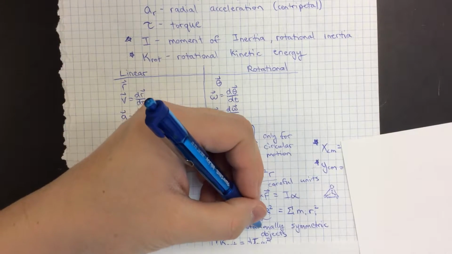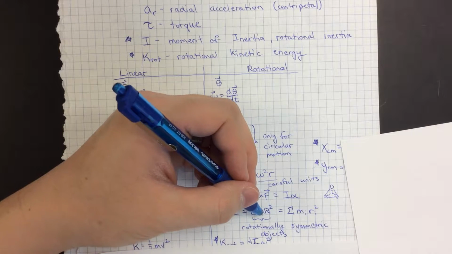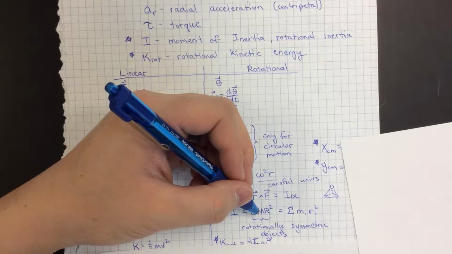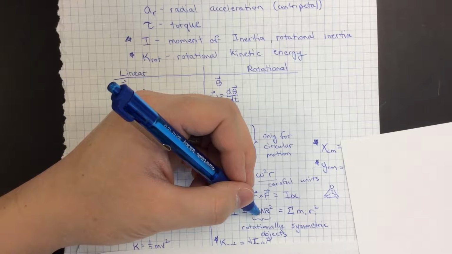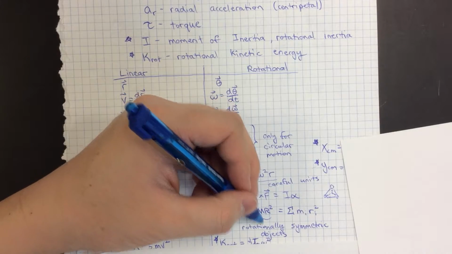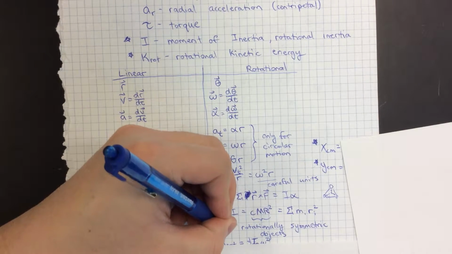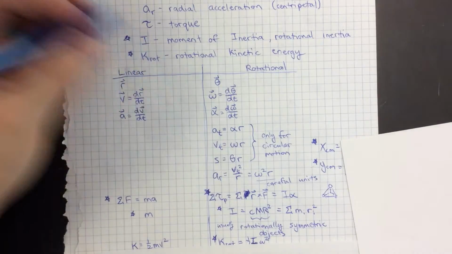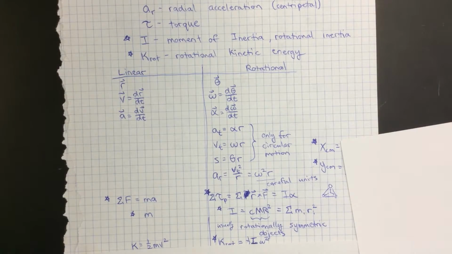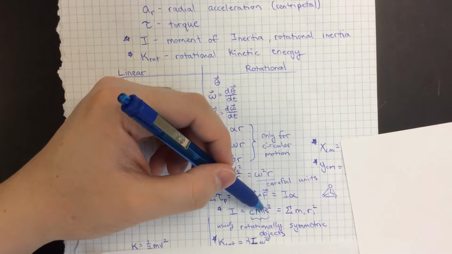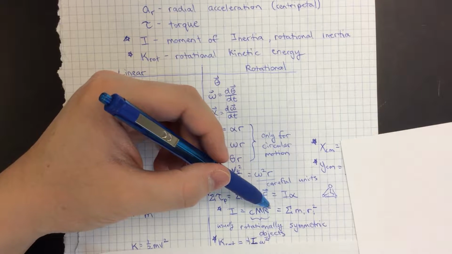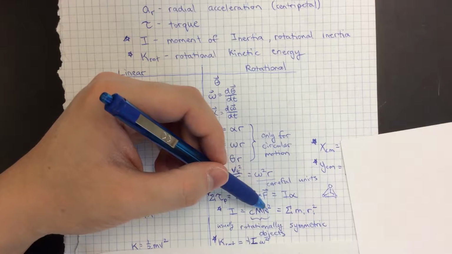This is usually for rotationally symmetric objects like cylinders and spheres and hoops and rings. Not necessarily, I should say usually, but you can essentially come up with something like this for any shape.